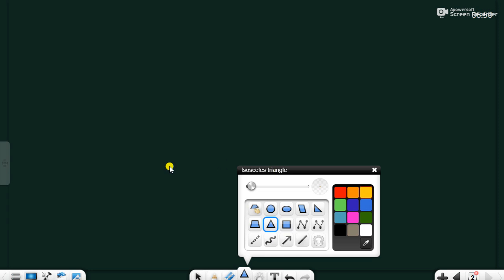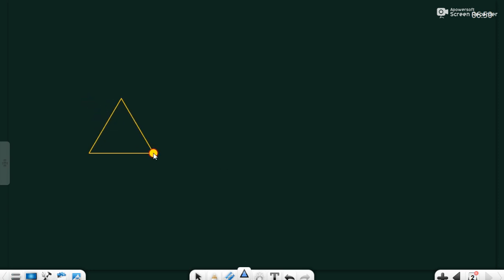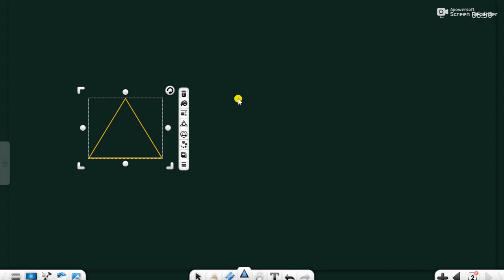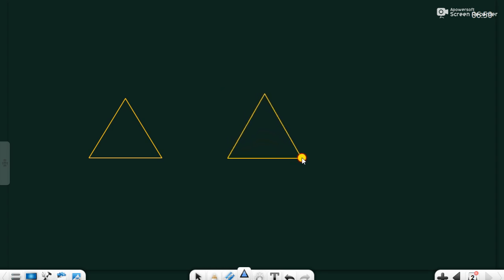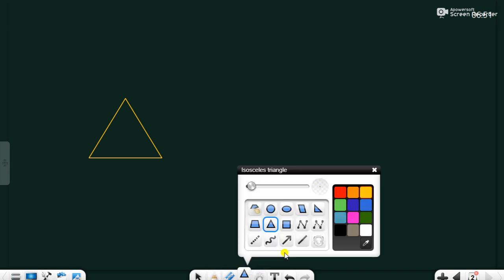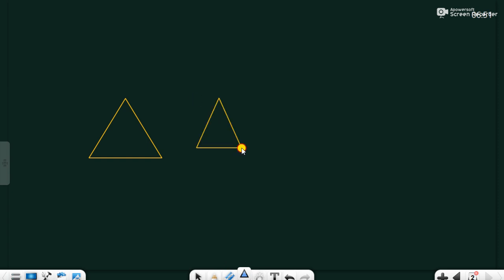If we take this yellow, it is triangle 1 and this is triangle 2. These are the two triangles we have taken, right?